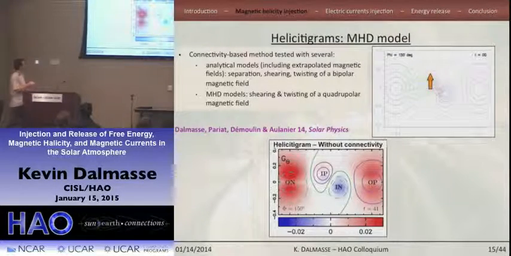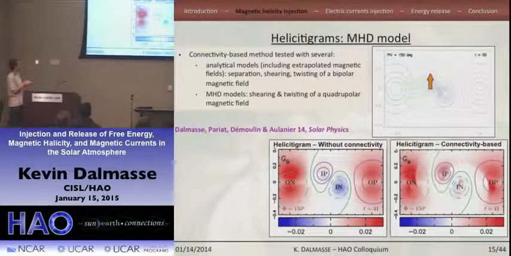So here at the center, I'm plotting the helicity flux density maps with G theta. So when you don't take into account the notion of magnetic field lines. And what you can see is that there are strong positive and negative helicity fluxes in these maps.